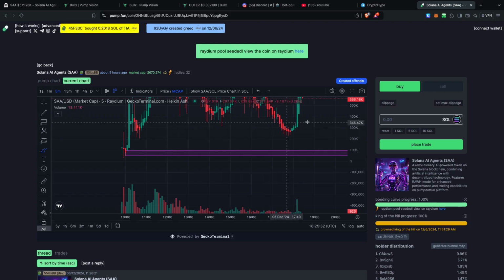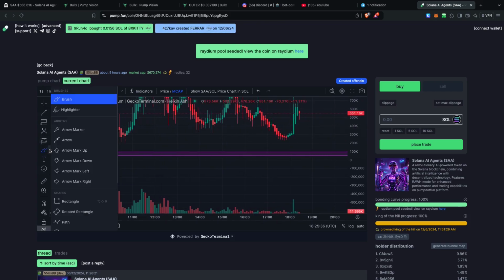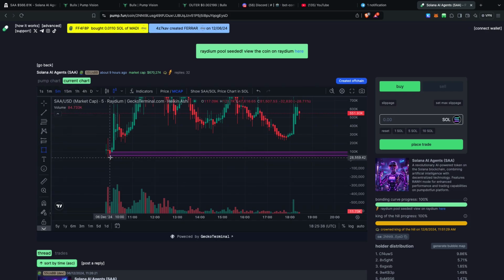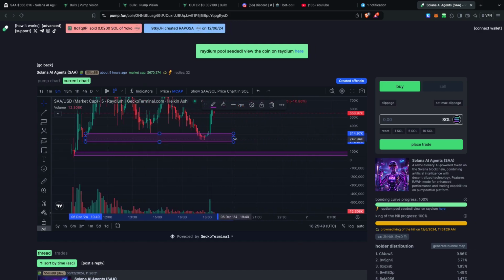The reason why I really like trading order blocks is because order blocks give me easy support and resistance. So from this low level order block right over here on Pump.fun, the other psychological order block and actual order block is right over here. Easy peasy stuff.